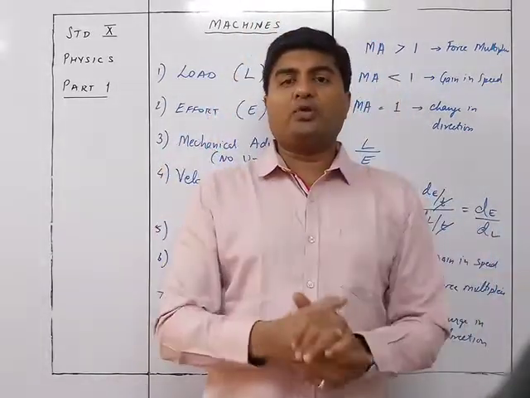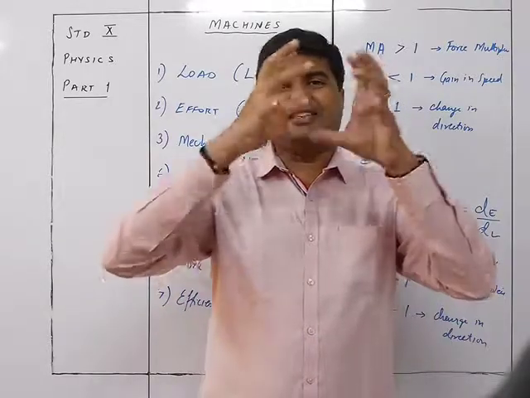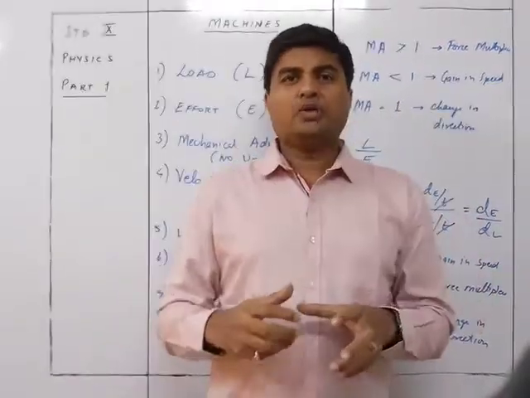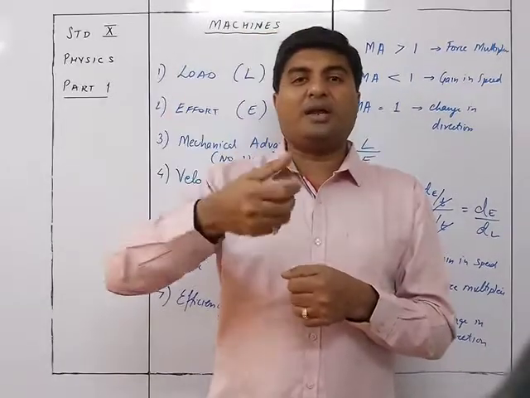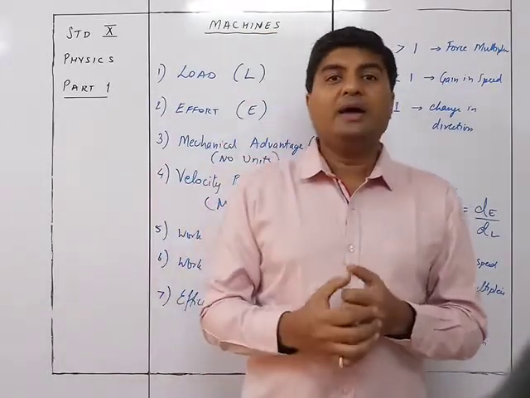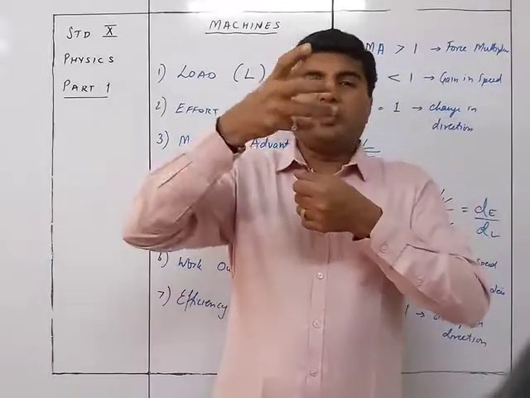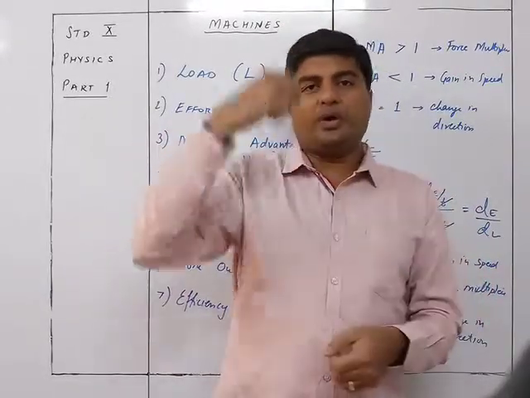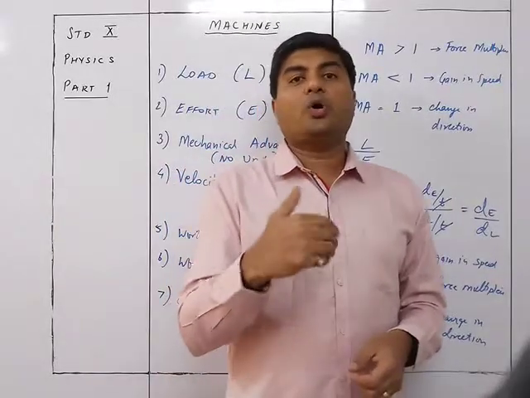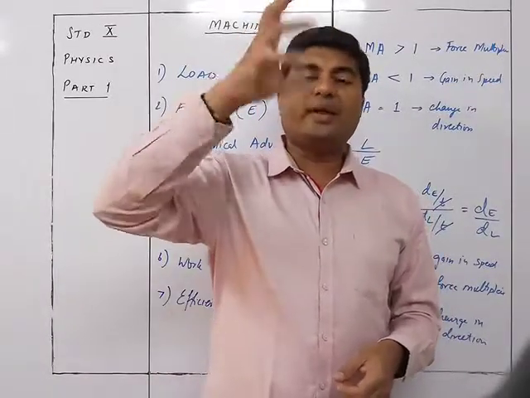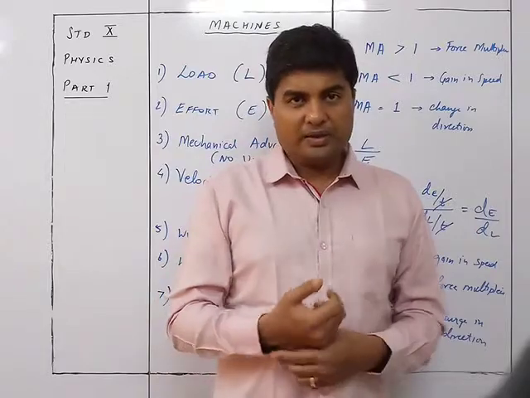Suppose the pulley I am using is completely rusted and jammed. Then we will have to apply a lot of force, because for the pulley to rotate it has to overcome friction. And that's why when you are pulling, the pulley doesn't move properly. So much of your effort is also going into moving the pulley.